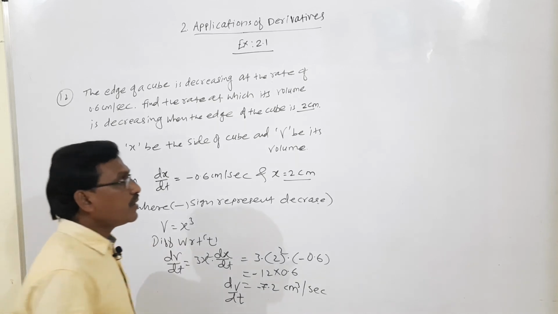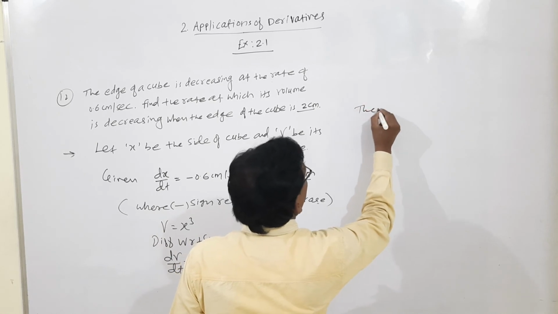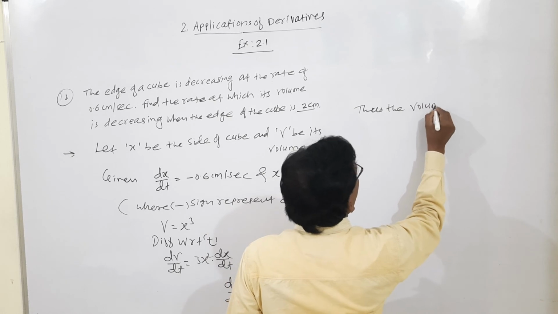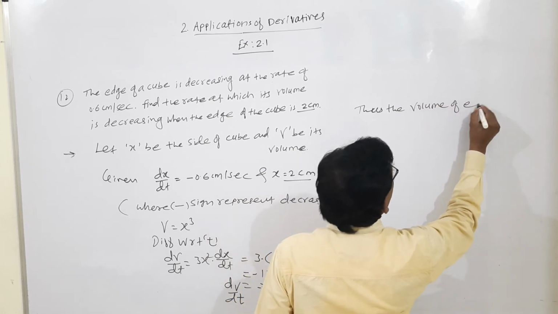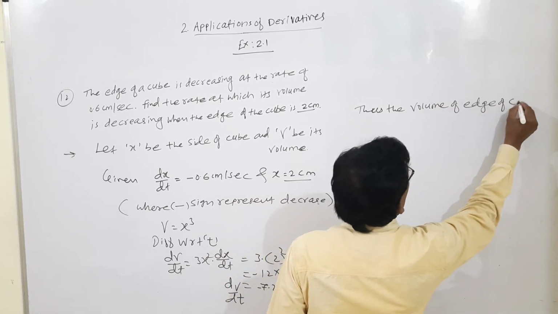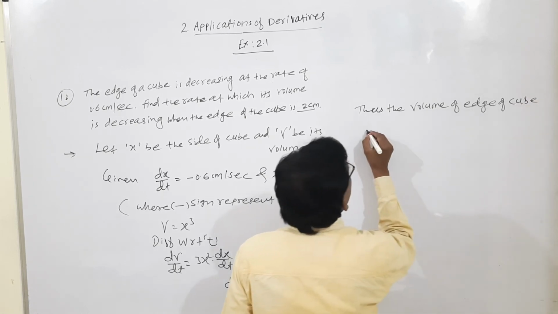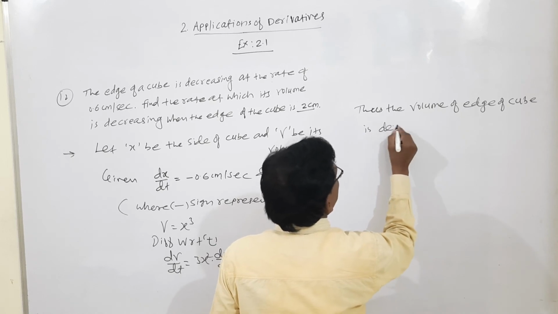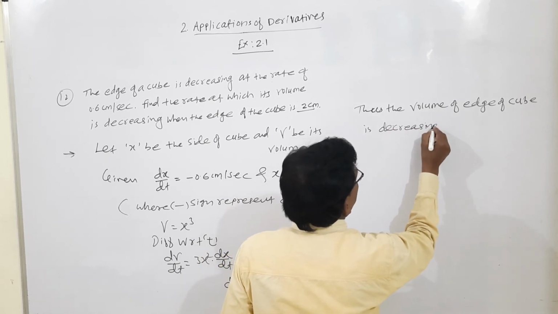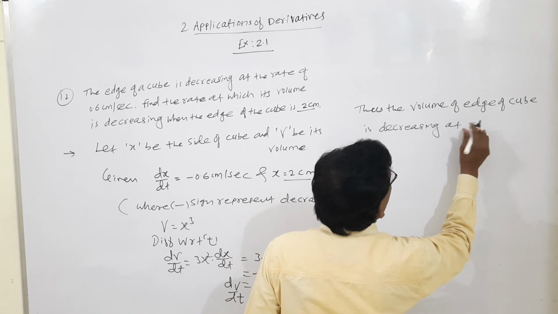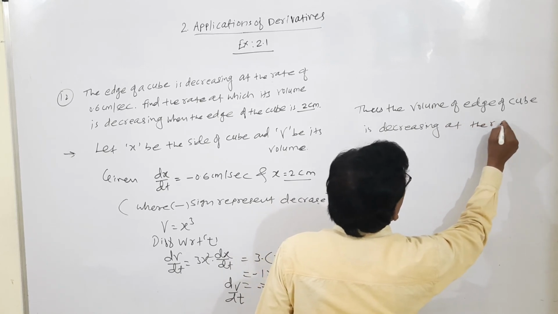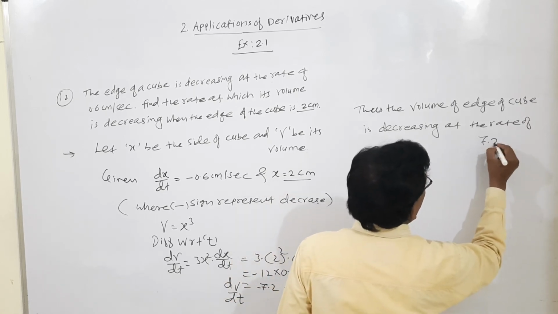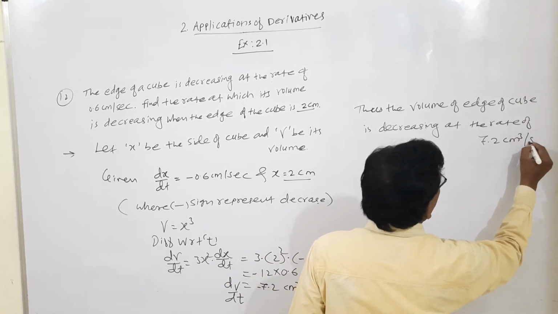Thus the volume of the cube is decreasing at the rate of 7.2 centimeter cube per second.